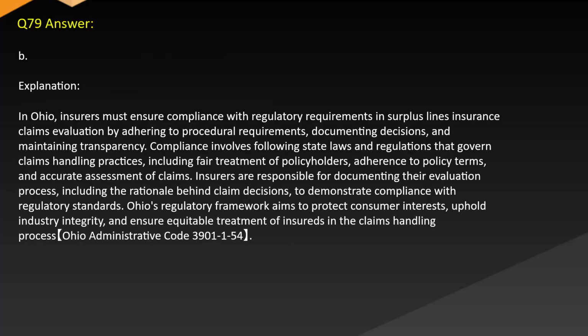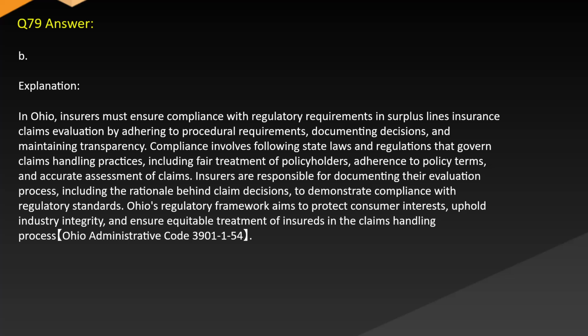Answer: B. Explanation. In Ohio, insurers must ensure compliance with regulatory requirements in surplus lines insurance claims evaluation by adhering to procedural requirements, documenting decisions, and maintaining transparency. Compliance involves following state laws and regulations that govern claims handling practices, including fair treatment of policyholders, adherence to policy terms, and accurate assessment of claims.